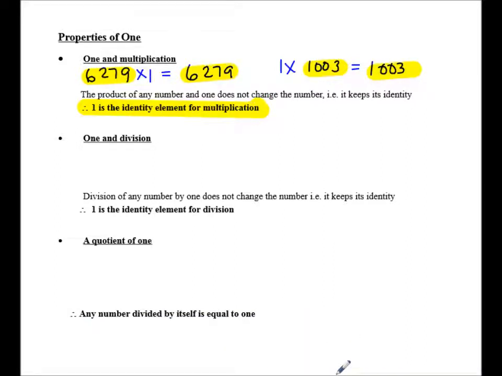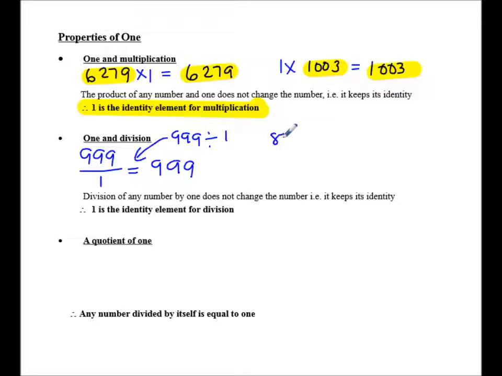1 and division. If I had 999 and I divided it by 1, the answer would be 999. It's just another way of saying 999 divided by 1, so that is just written like that.